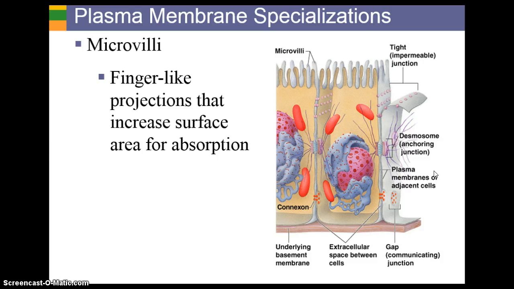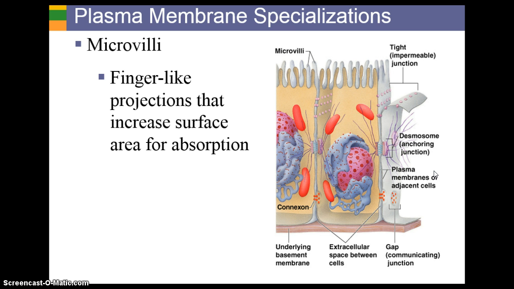So to get started, we can start on microvilli and what we know about them. They're located within and on the plasma membrane of cells. They have a specialty type purpose, and to give you a starting point, we know that they're finger-like projections that increase the surface area on a cell in relation to absorption. You would think, well, why does the surface area of a cell need more area?